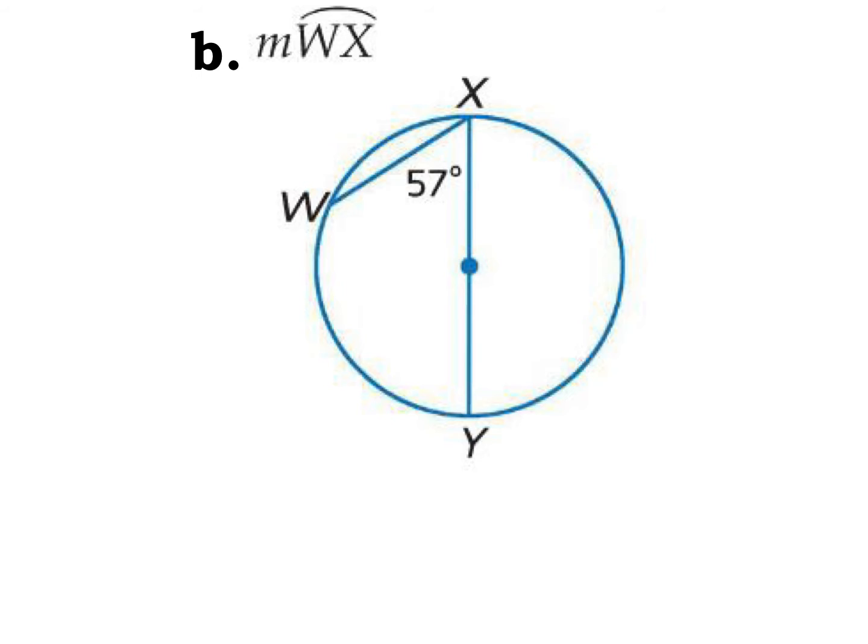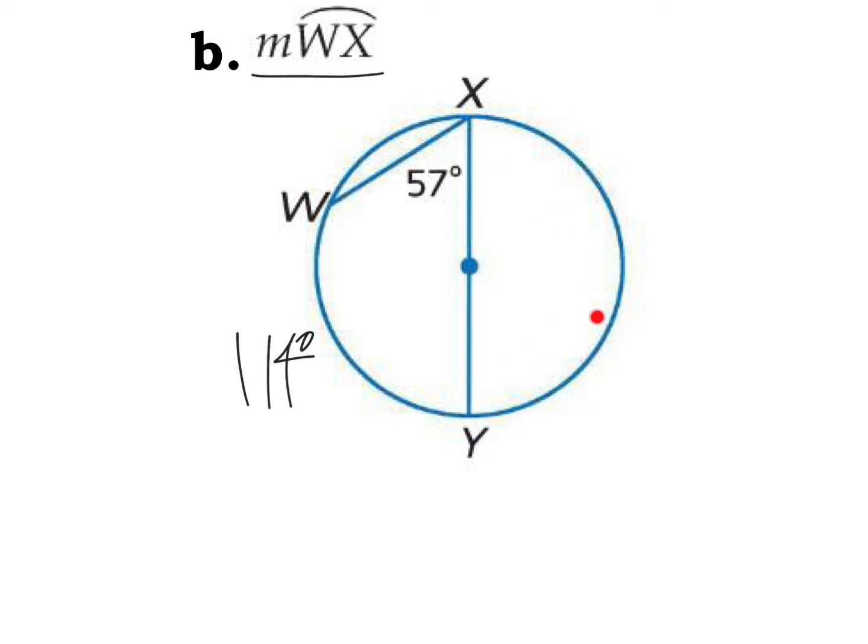In this one here, it's looking for measure of arc WX, which is this little arc right there. First thing we need to do is find the arc WY, and that's just going to be double the inscribed angle of 57. So 57 times 2 is going to be 114 degrees. And then arc XY is a semicircle. From X to Y, it goes through the center point, making that a diameter.